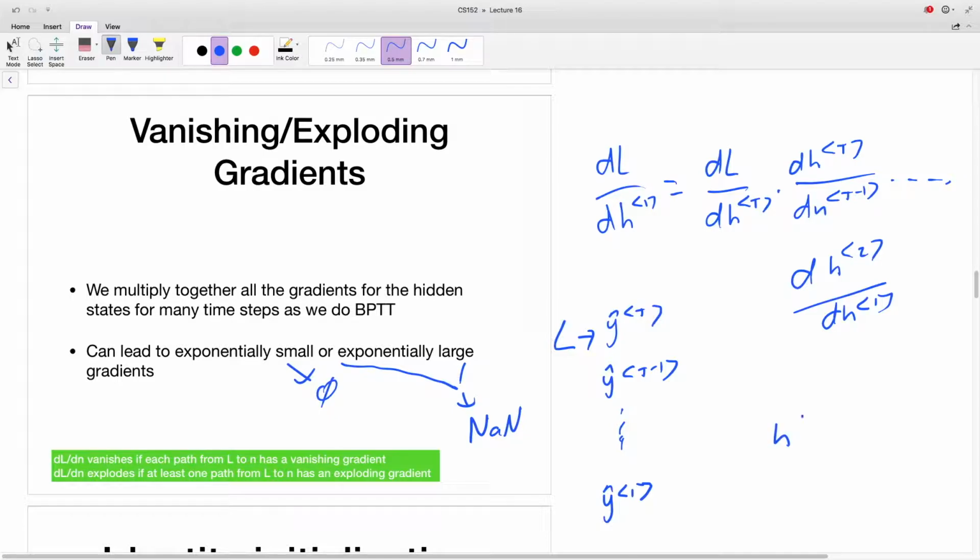And if we've got some h of L here, how can the gradient flow to h of L? What's one way the gradient can flow to h of L, given, of course, that we have h of L plus 1, etc.?